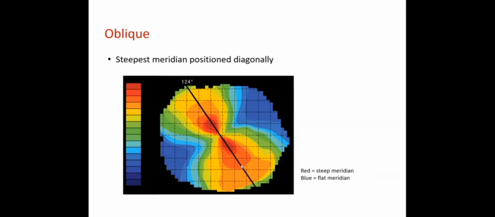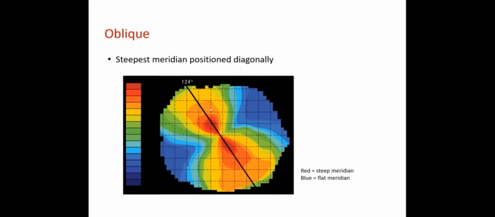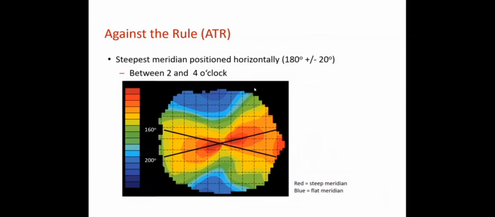Oblique astigmatism is when the astigmatism is neither vertical nor horizontal. So it's somewhere in between the two. We call that oblique astigmatism. So how do you define oblique? When it's horizontal, it's 180 degrees plus minus 20 degrees.